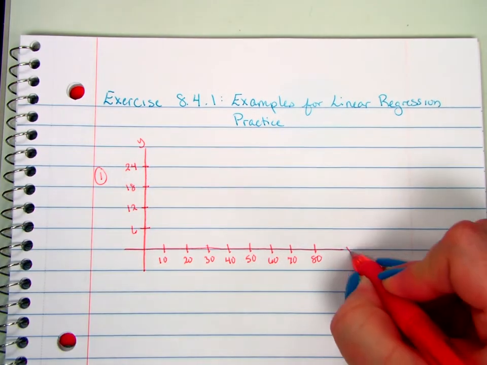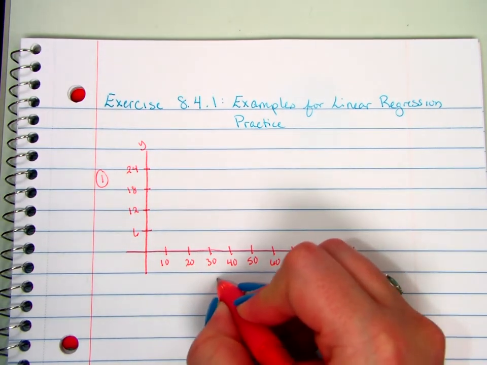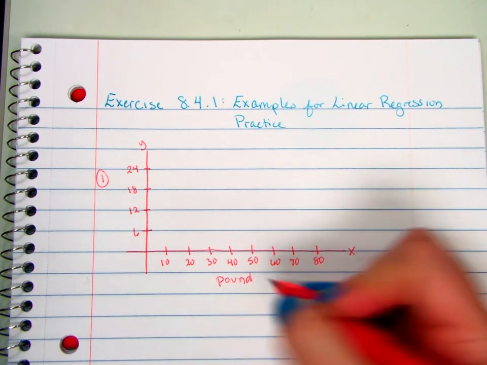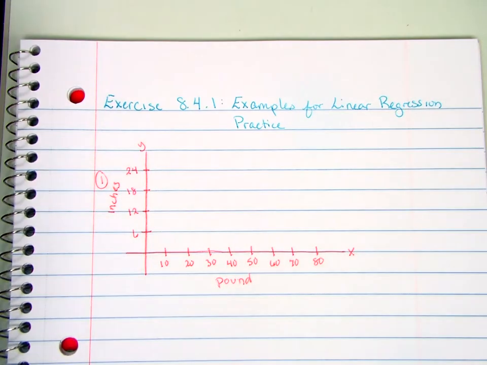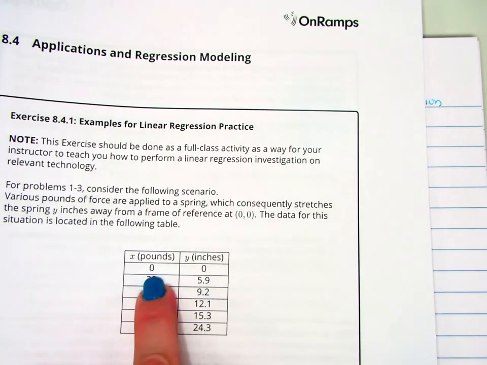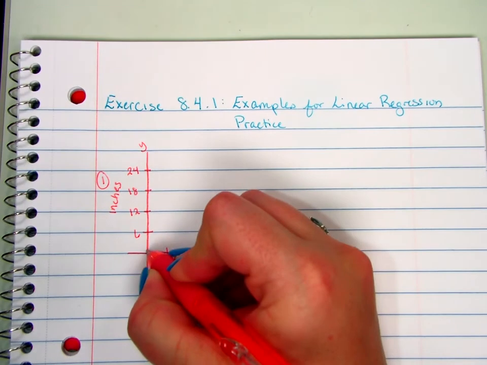And then we're just going to graph our plots. This is my x-axis, and these are my pounds that I'm putting on my spring, and these are the inches that the spring is stretched. Okay, so we know that if I don't put any weight, then my spring is not stretched at all.